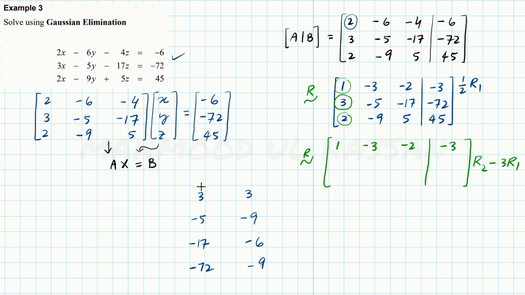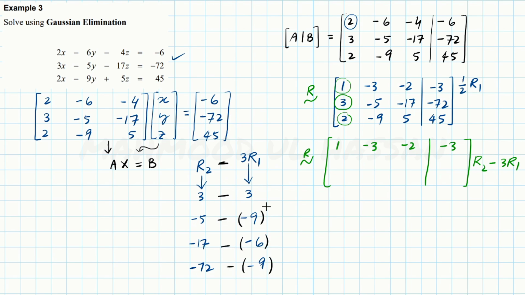Now these are basically the entries of row 2, and these are basically the entries of row 1 multiplied by 3. Now we are going to subtract them, R2 minus 3 times R1, so we need to subtract them just like this.